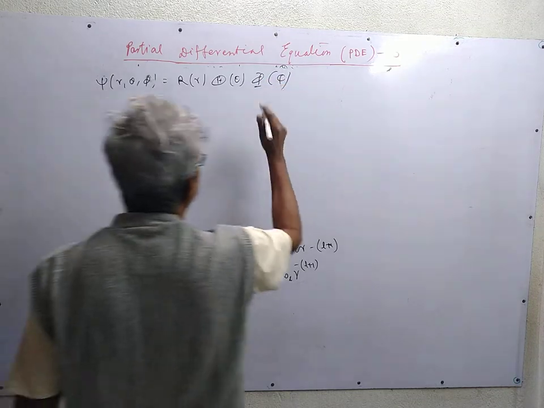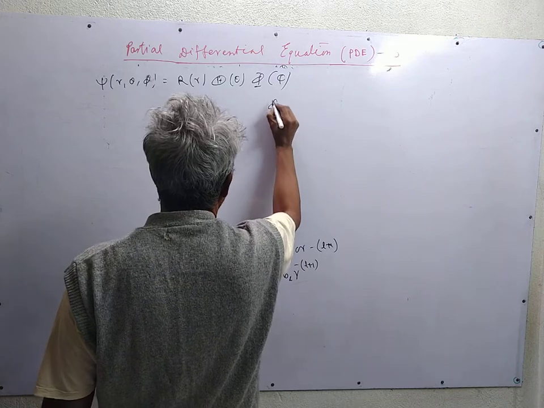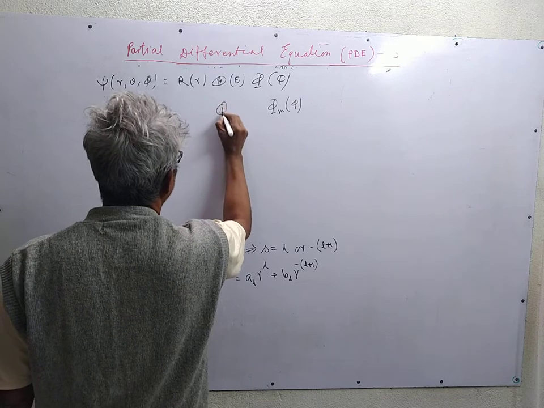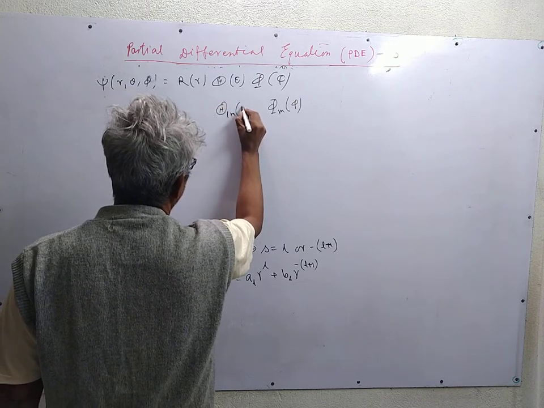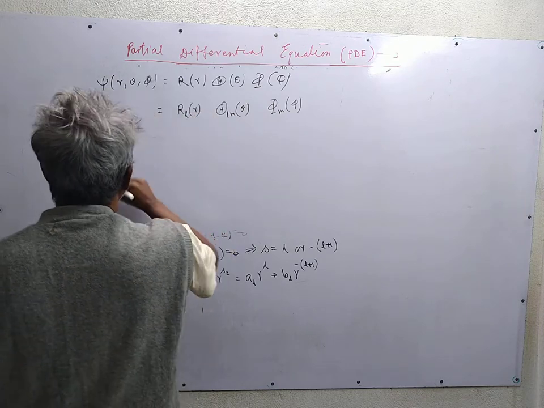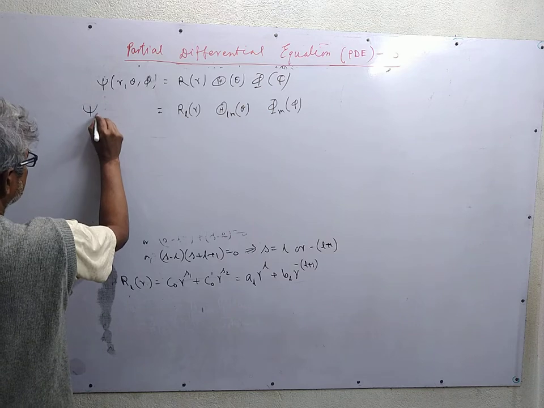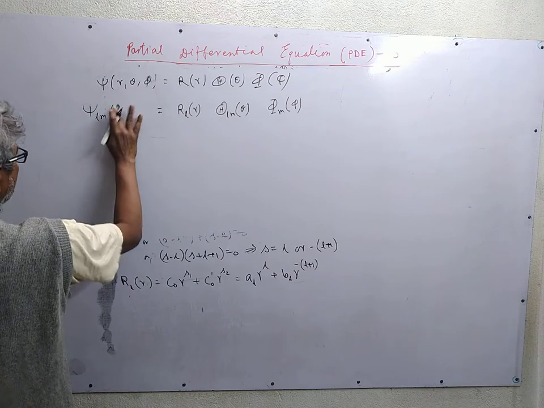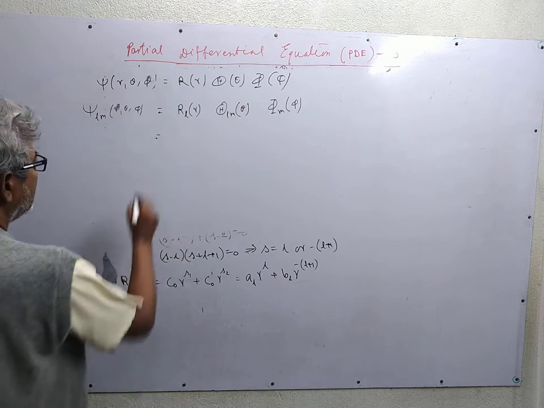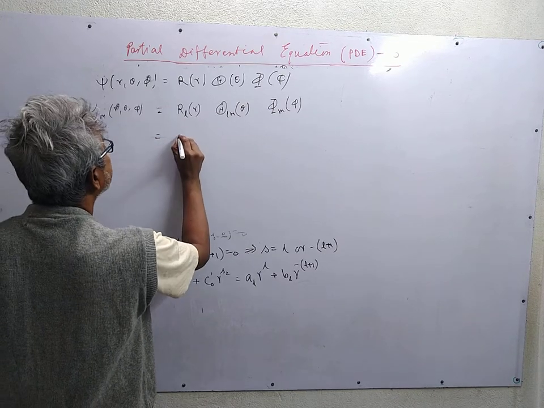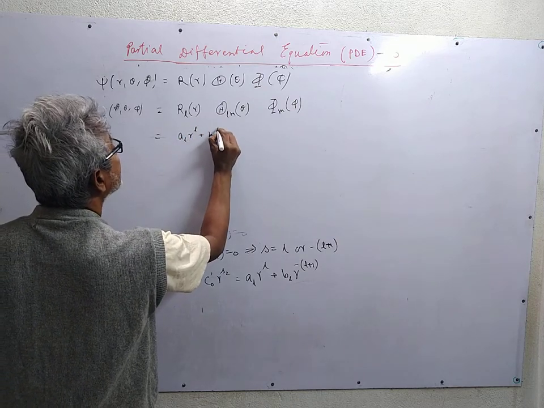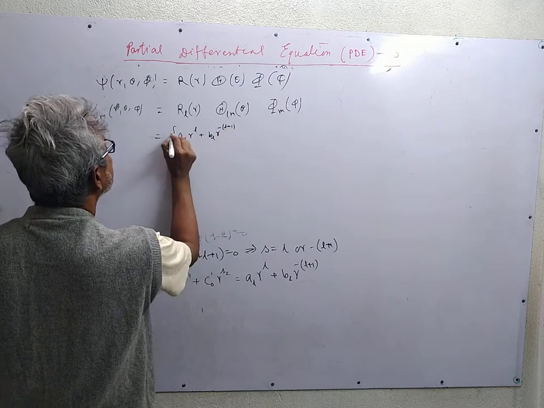Now this theta equation comes out to be dependent on L and m. This equation is found to depend on L. So the solution now depends on L and m. Now for R, we write AL r to the power L plus BL r to the power minus L plus 1.